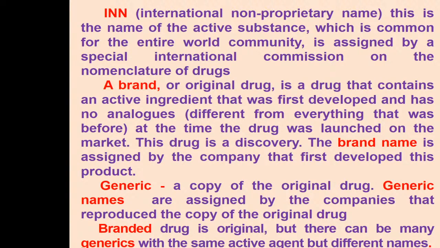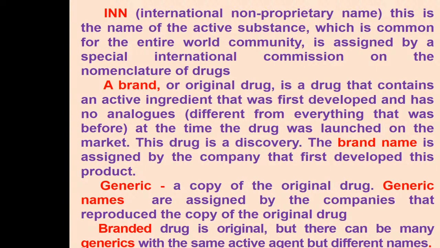What does it mean? First of all, INN or international non-proprietary name is the name of active substance of this drug preparation, active substance. This name is common for the whole world community. It is assigned by a special international commission on the nomenclature of drugs.